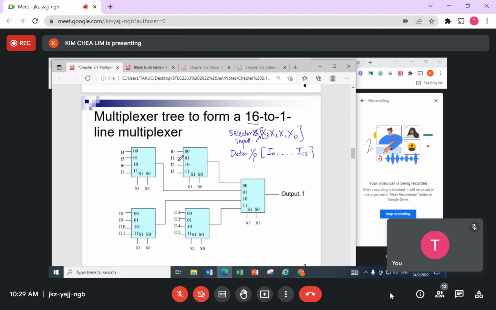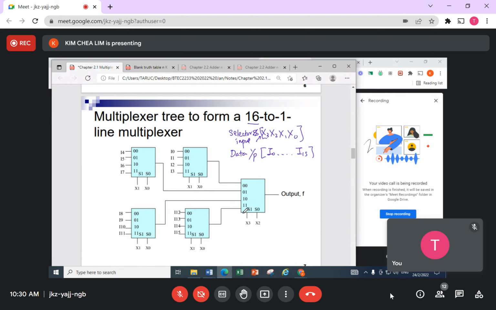So this one here gives me the first 4, followed by I4 to 7, 8 to 11, 12 to 15. And the output from this first level multiplexer, I make it become the inputs here, the second, third, and fourth.